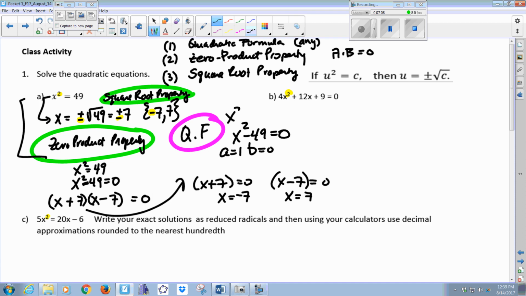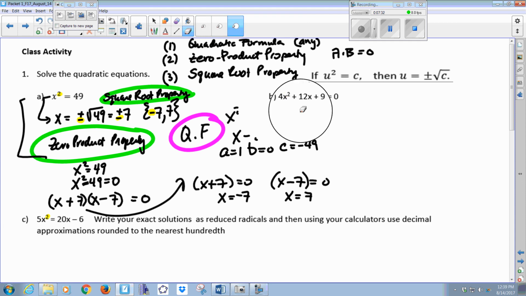To see that, you could have written this like this. 0 times x is 0. And C is -49. But again, this involves a lot more work. But for some of you, you may feel very comfortable with the quadratic formula, so you can go ahead and use it. In any case, you have two solutions.